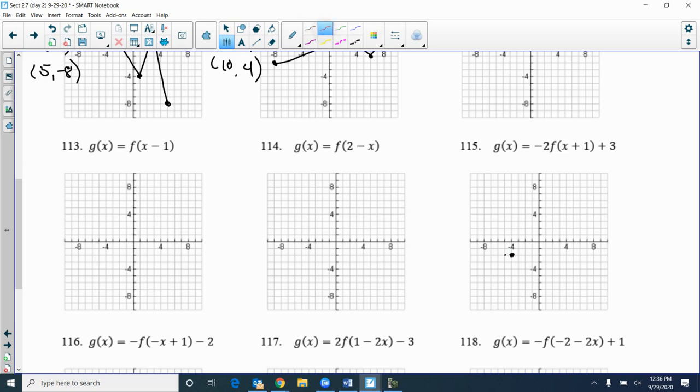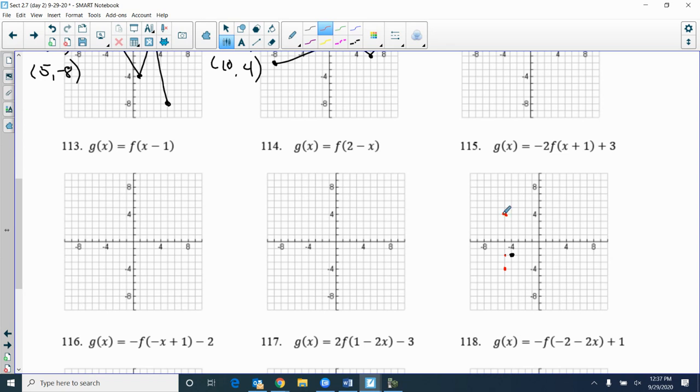Okay, that should be red. This will change the y coordinate by -2, but I'm going to go through each piece. I'm going to stretch it from -2 to now -4, and then it reflects over the x-axis to 4, and then what's the plus 3 do?